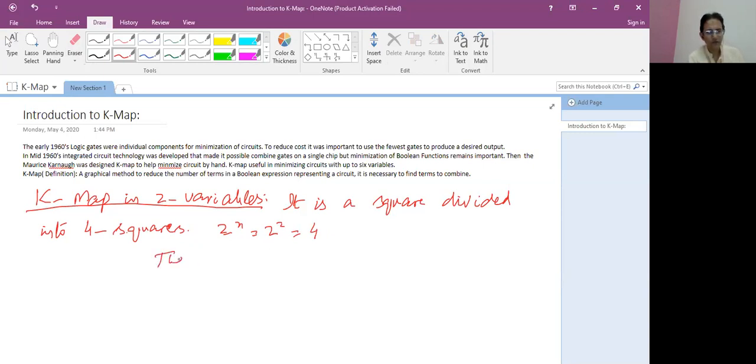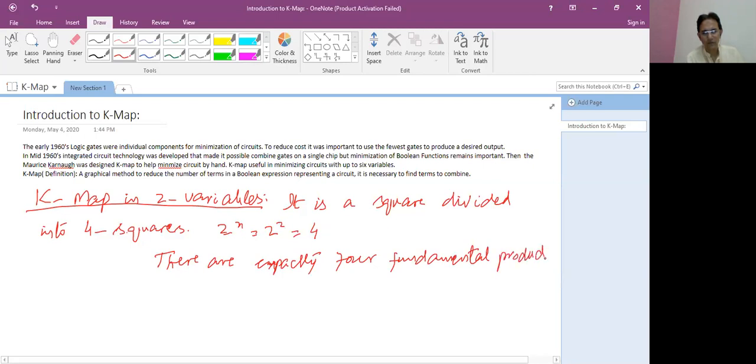So there are exactly 4 fundamental products with two literals.